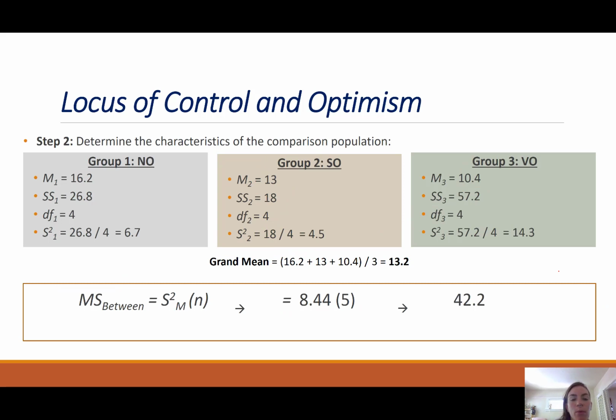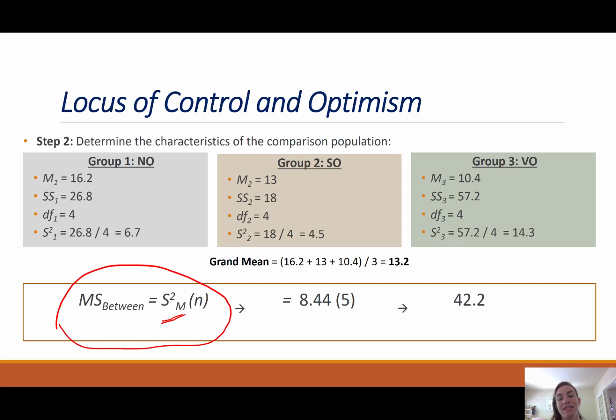So remember, we're going to use this formula here, which I introduced in my previous lecture. So we just calculated this value on the previous slide, and now we need to multiply it by n to get the between groups variance estimate. So S squared sub m was equal to 8.44.